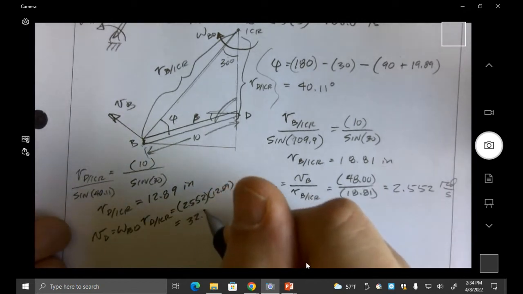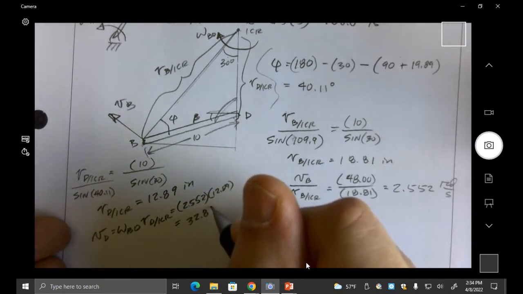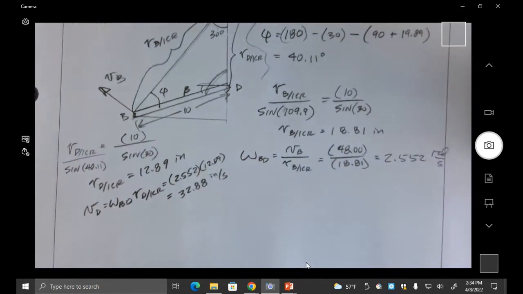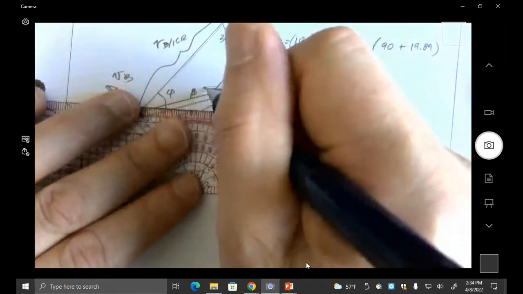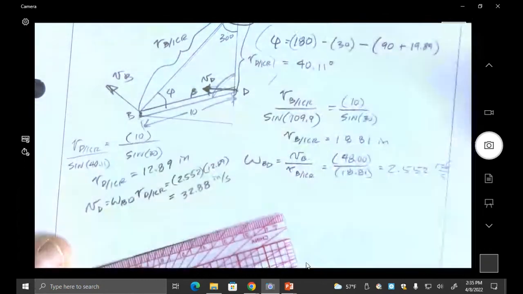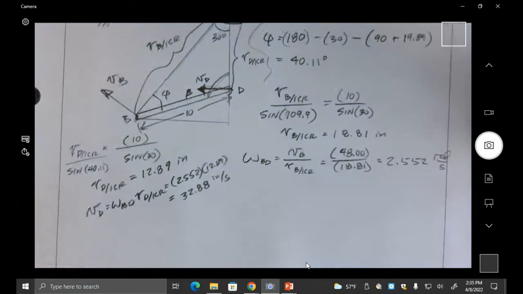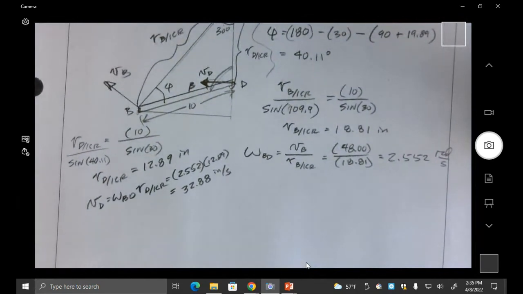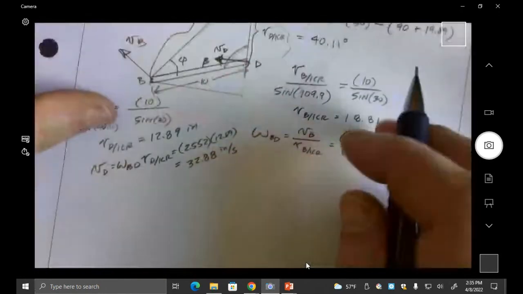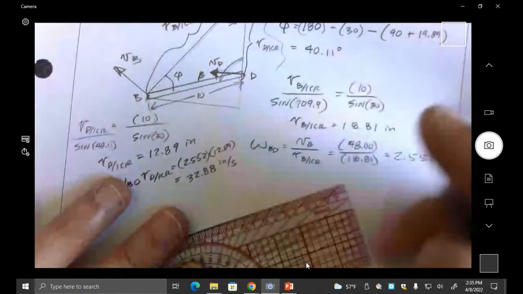We get 32.88 inches per second, which is also, by the way, going to be coming that way. I'll just write that on a separate piece of paper. Nah, I can fit it on there. I'm going to try to make my diagrams look right.